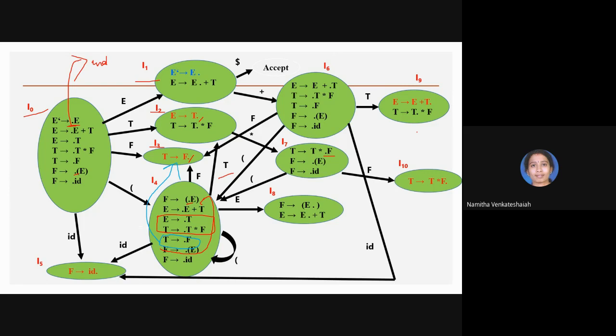On dot ID, that should become this arrow. Once again, I'm considering I8. After considering I8, open brace E dot. So on closed brace, it will become end. The dot will be placed at the end.